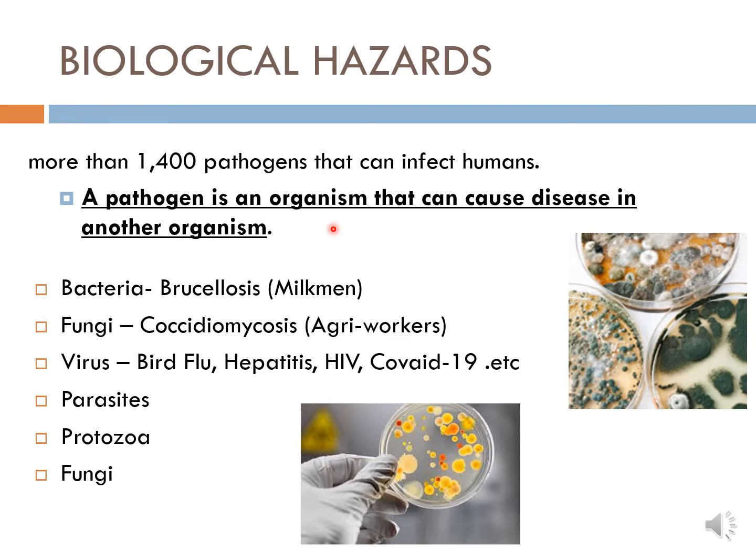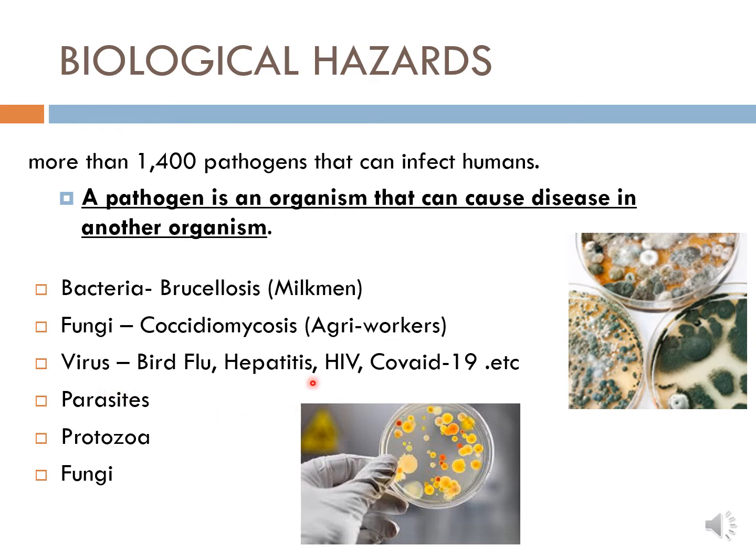Of course, plants have some other organisms that can cause disease, for example some fungus like coccidioidomycosis. This cannot infect the animal or the human. But for instance the bacterium Brucella can infect the milkman, and of course the animal, but not the plant side.